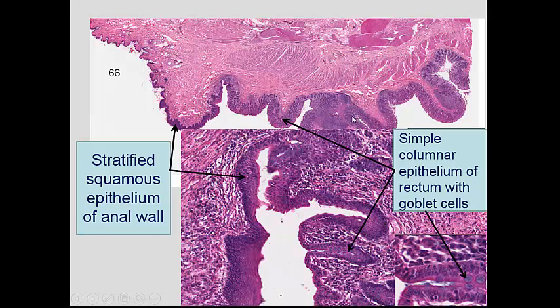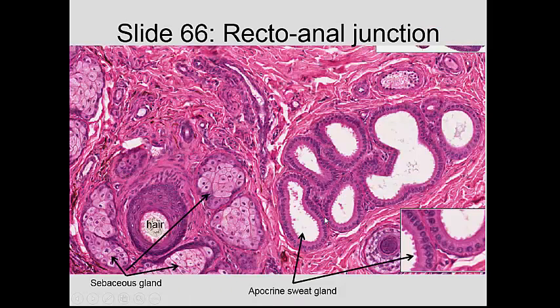This is simple columnar epithelial cells with goblet cells that you see in the large intestine, and then this is the anal region here, stratified squamous epithelium. So you go from simple columnar to stratified squamous epithelium, and at this location is where you have these apocrine sweat glands.